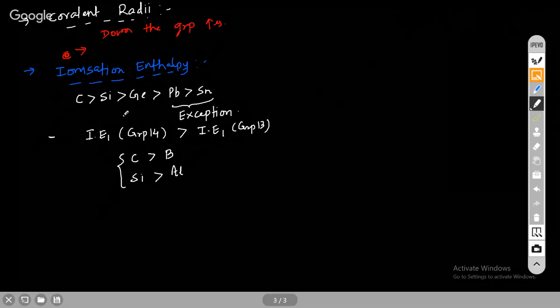Now for this order, you see what happens. Write down, as we go down the group, the first ionization energy decreases, but the first ionization energy of lead is slightly more than that of tin.